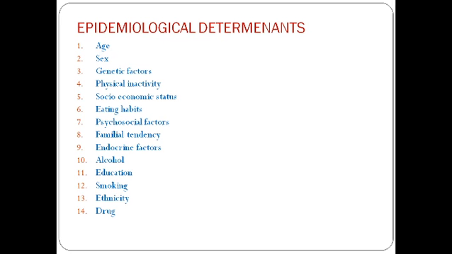Next, epidemiological determinants. What are the epidemiological determinants of obesity? First factor is age. Obesity can occur at any age and generally increases with age. Infants with excessive weight gain have increased incidence of obesity in later life.